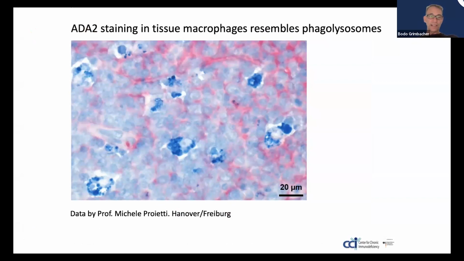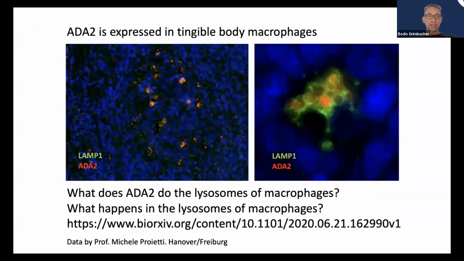Michele has shown that ADA2 is also expressed in tissue macrophages, as shown here, or in tingible body macrophages with other macrophages in the germinal center, where a lot of DNA is being captured by those macrophages. If you want to know what ADA2 is doing in those lysosomal structures of macrophages, you can read Michele's preprint in bioRxiv.